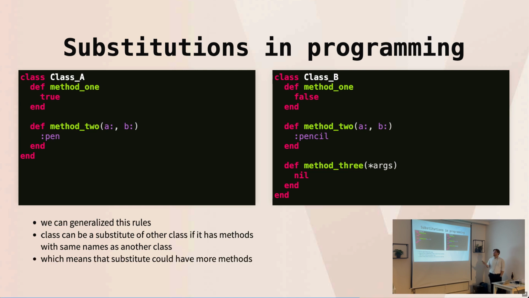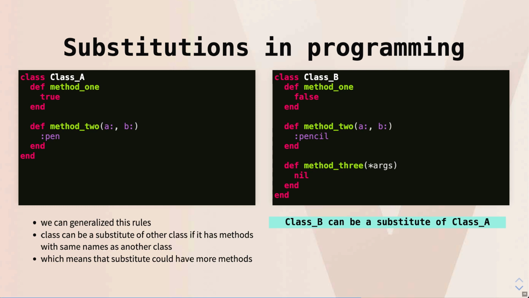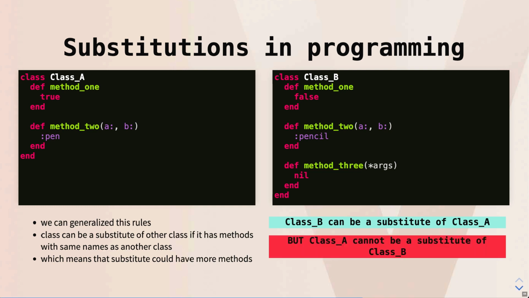It means that class B could have its own methods, but still could be a substitute for class A, because it has all those methods and arguments. This part of the interface is the same. But because it has its own methods, in this case, class A couldn't be a substitute for class B. And this is quite a useful feature of the substitute class.